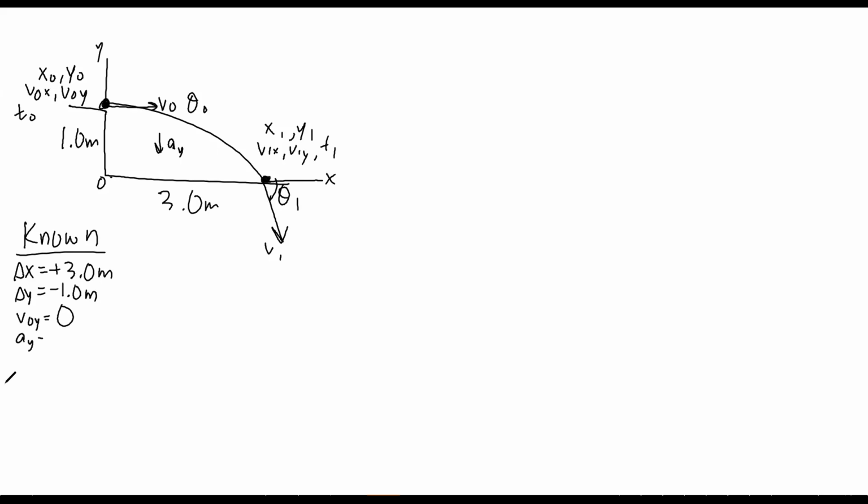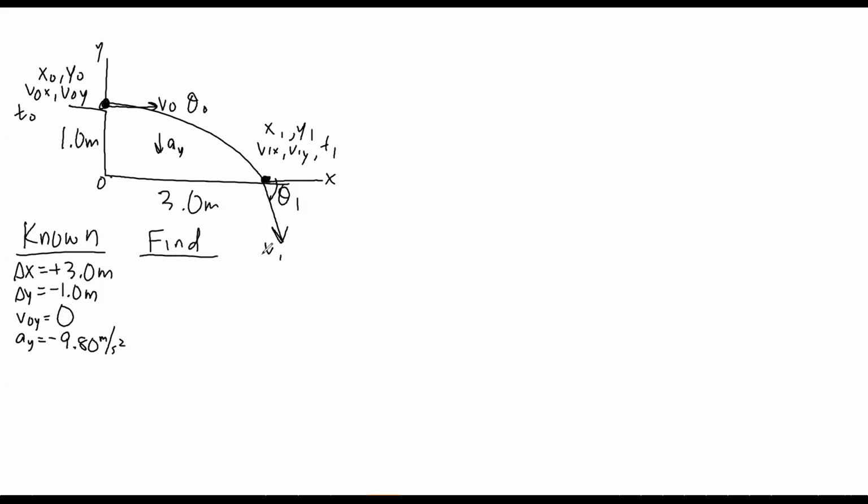And since this is projectile motion, we know the value of g, in meters per second squared. What else? Technically, t0 is 0, and we don't know what t1 is. For a lot of these problems, we generally deal with time intervals rather than actual time values.